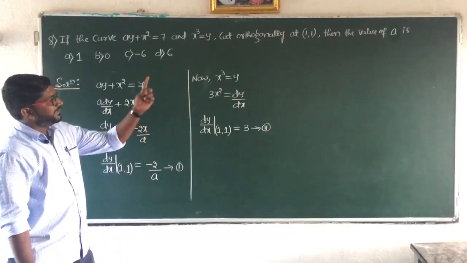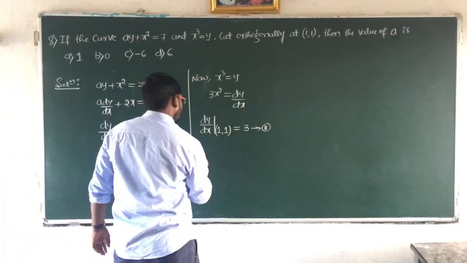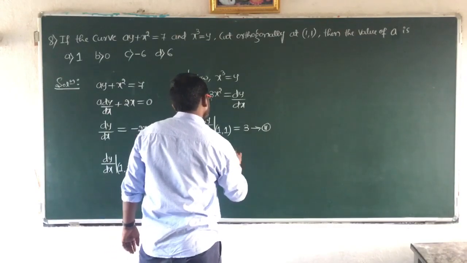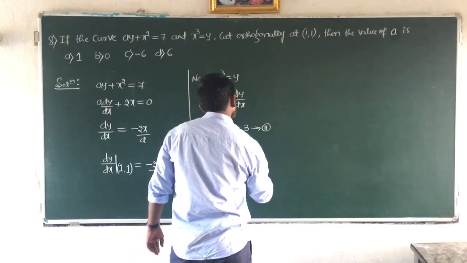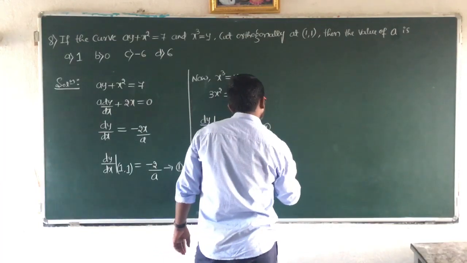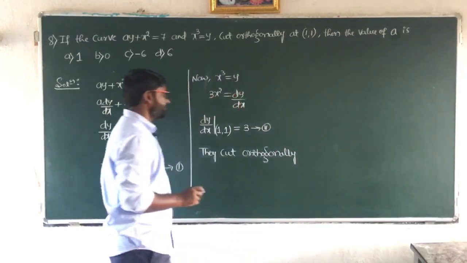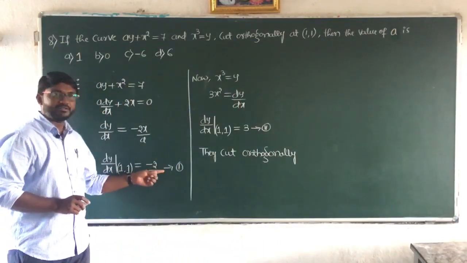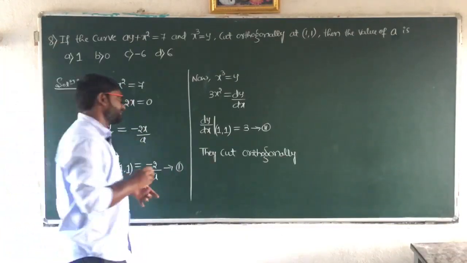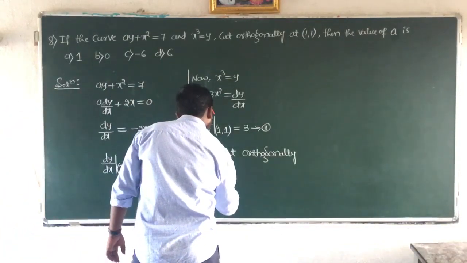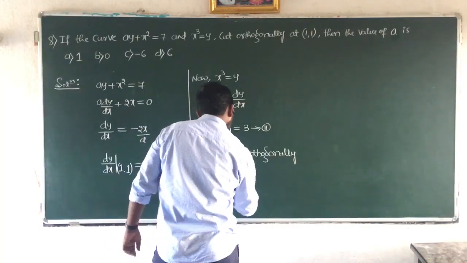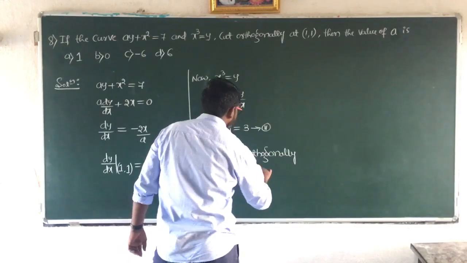Now they cut orthogonally. That means if you consider this as m1 and this as m2, then m1 into m2 is equal to minus 1. So it is minus 2 by a into 3, which is equal to minus 1.